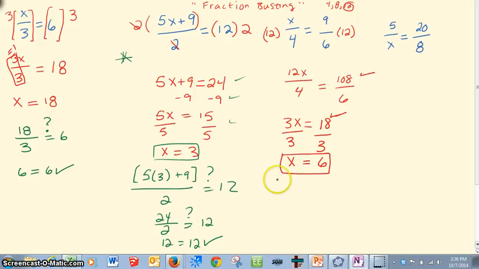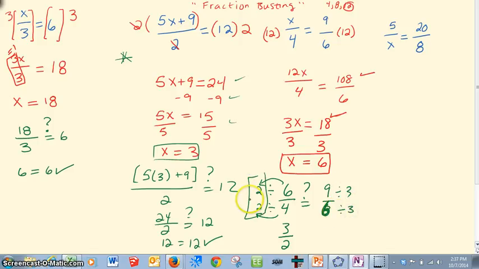So is it true that 6 over 4 is equal to 9 over 6? 3 over 2, if I divide both numerator and denominator by 2. So again, technically I'm dividing by a value equal to 1. 9 divided by 3 is 3, 6 divided by 3 is 2. Yes, indeed, they check.